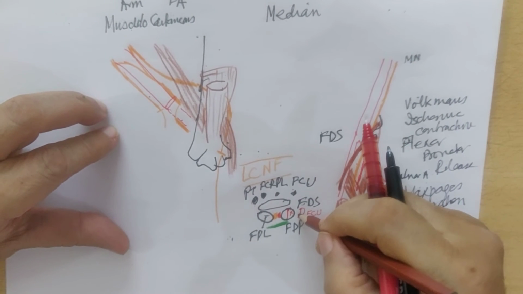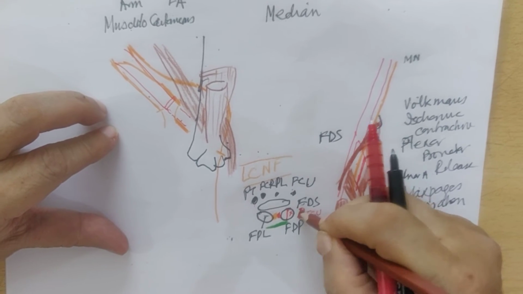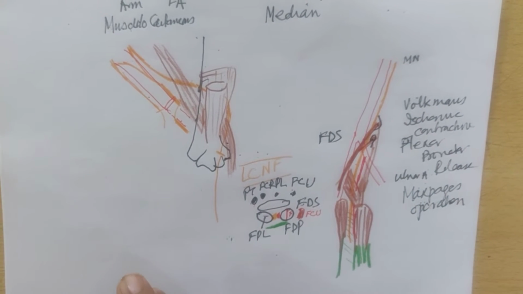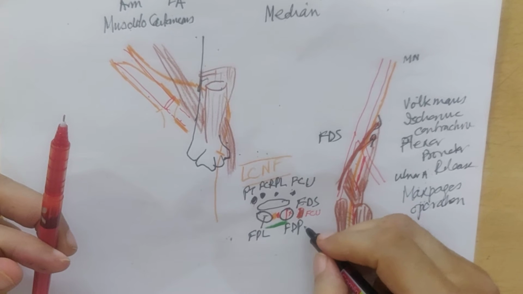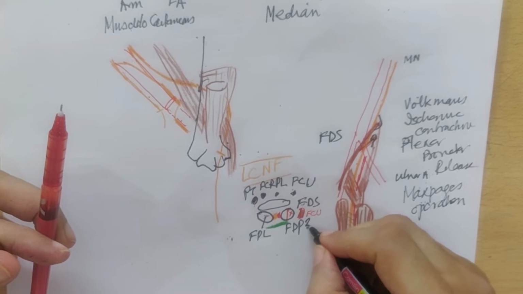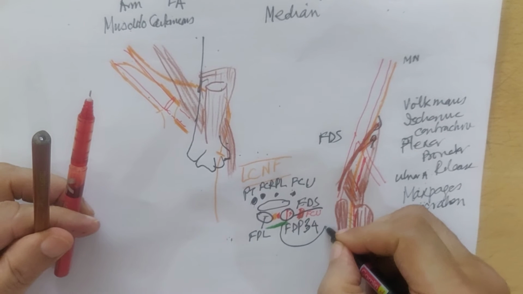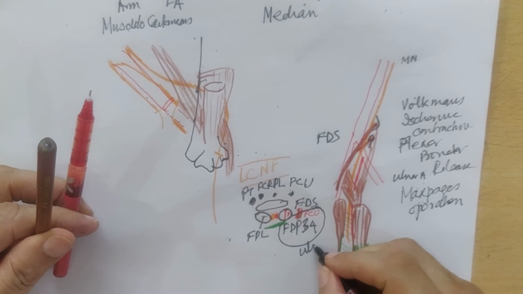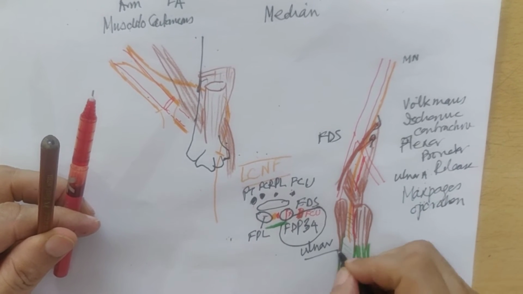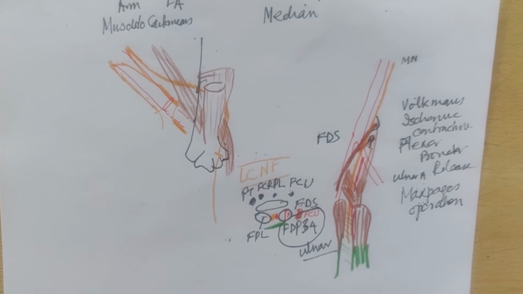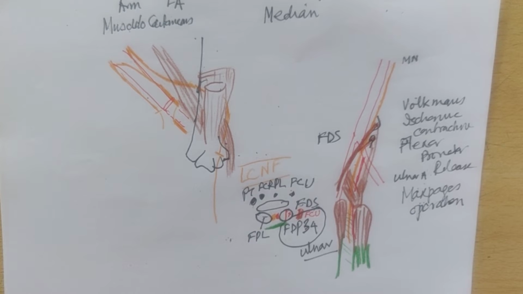So the flexor carpi ulnaris and FDP 3 and 4 are the only muscles that are supplied by the ulnar nerve. All the rest of these muscles are supplied by the median nerve.